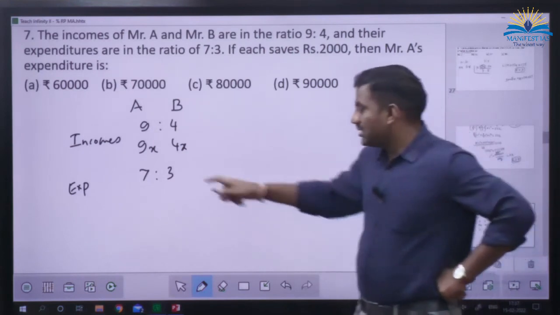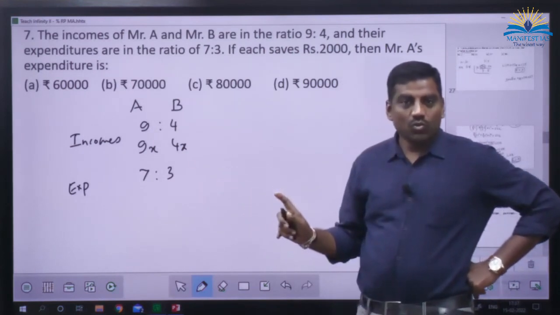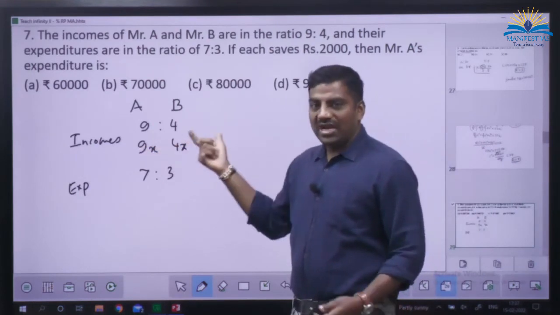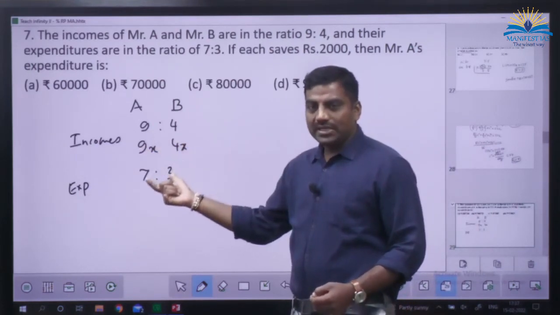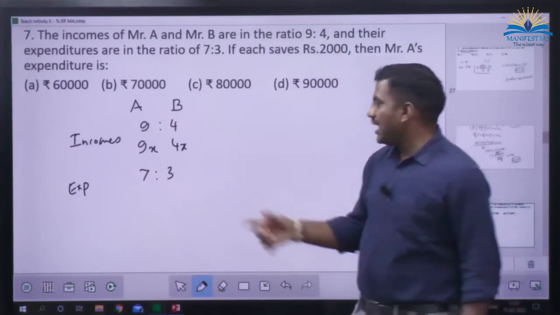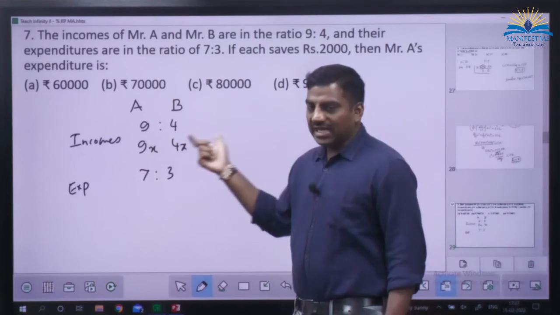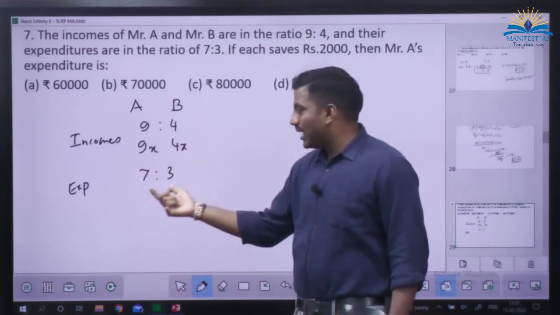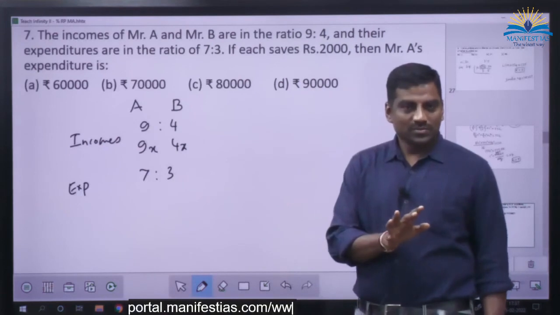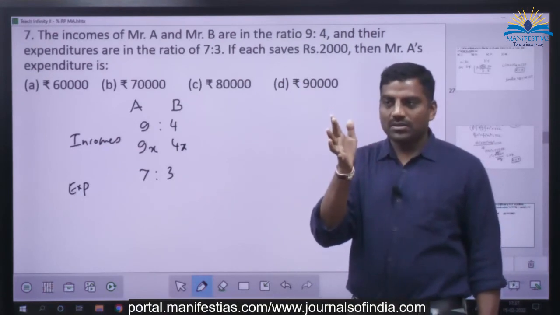If you take 7x and 3x, what does that mean? If they earn 9,000 and 4,000, they have to spend 7,000 and 3,000. That is what it means. What if they earn 9 lakhs and 4 lakhs and they spend only 700 and 300? It is a possibility, no? Our mind should be open.